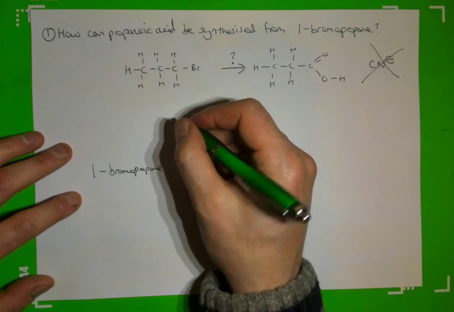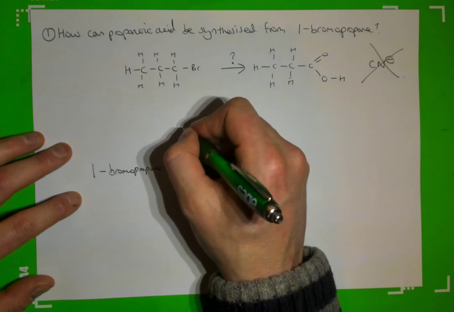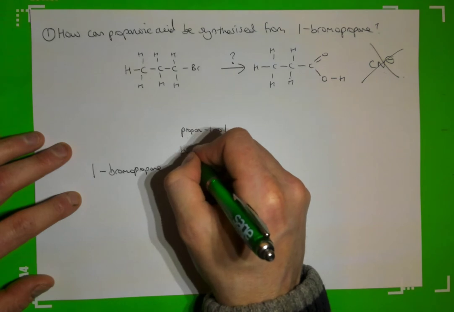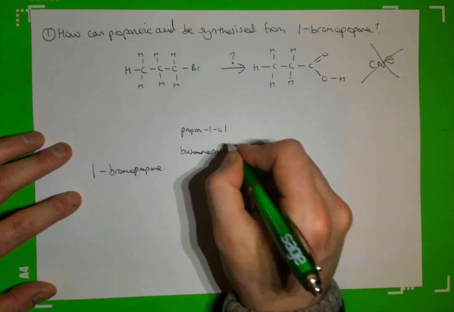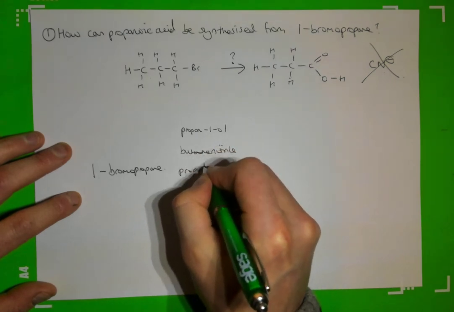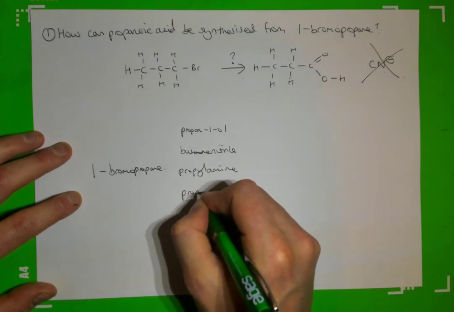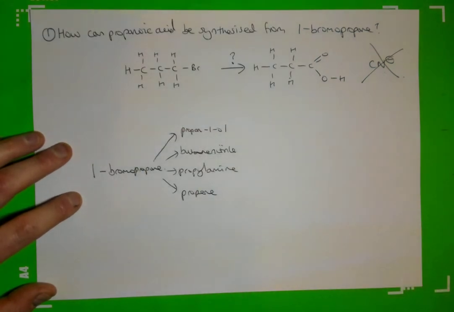I know I can make 4 different things from 1-bromopropane, so it's going to have to start with one of those 4. The next thing we need to do is to write down the same thing, but everything that would produce propanoic acid.